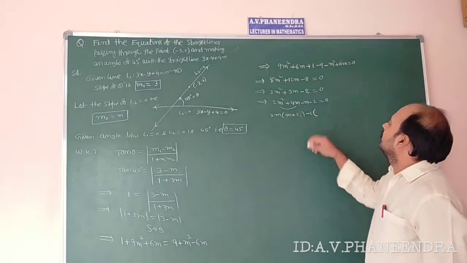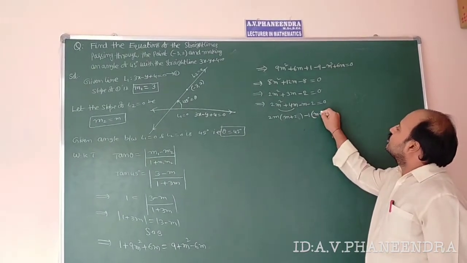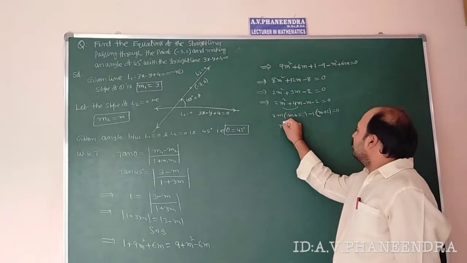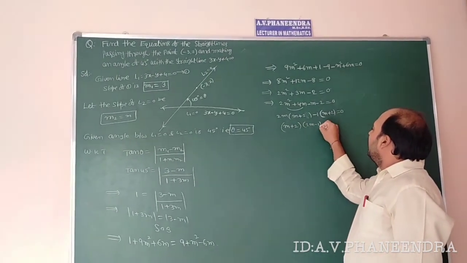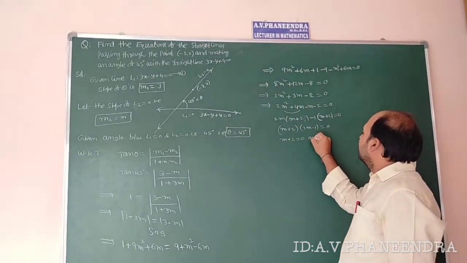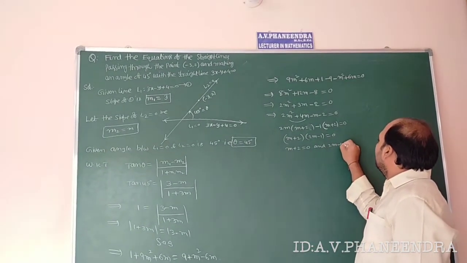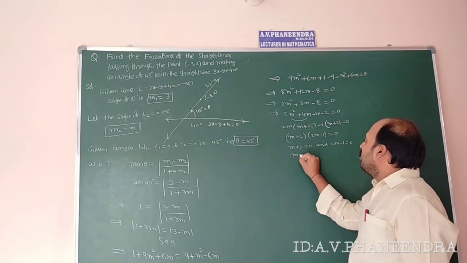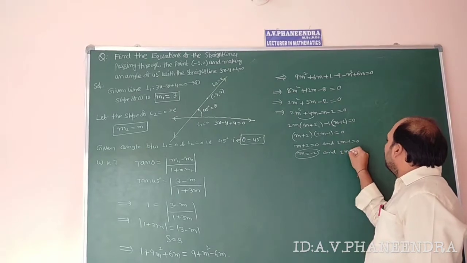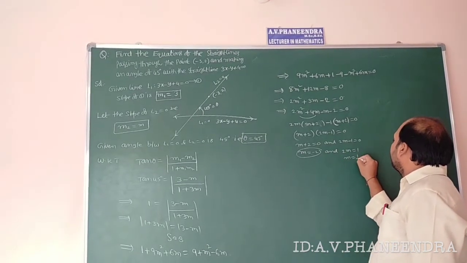Taking minus 1 common, m plus 2 equal to 0. So m plus 2 into 2m minus 1 equal to 0. So m plus 2 equal to 0 and 2m minus 1 equal to 0. M equal to minus 2, and 2m equal to 1, m equal to 1 by 2.